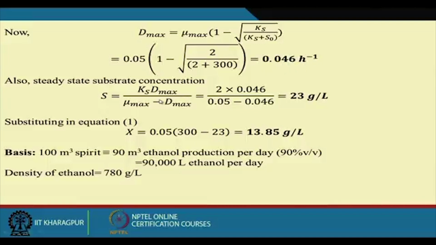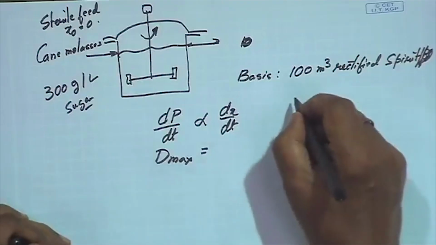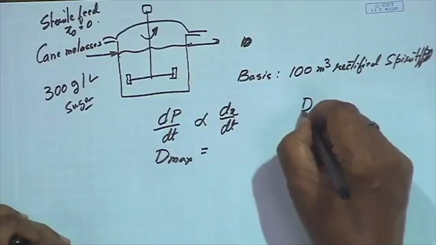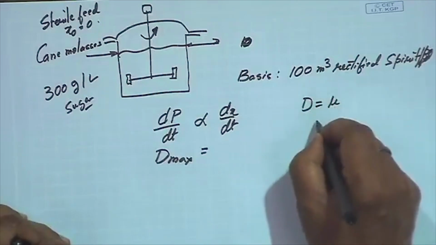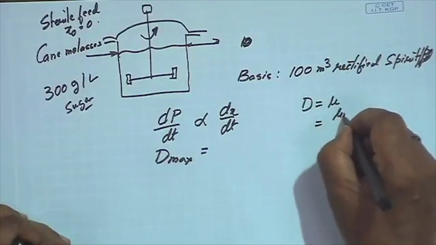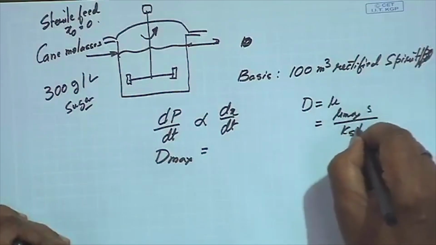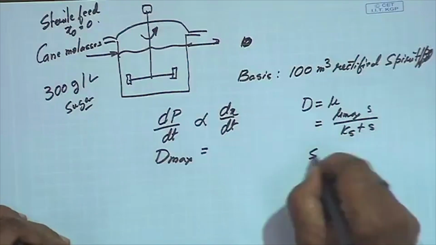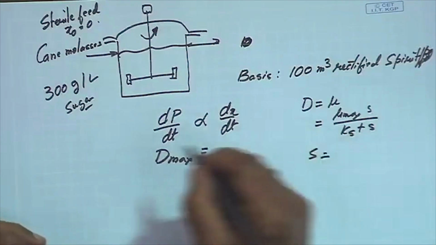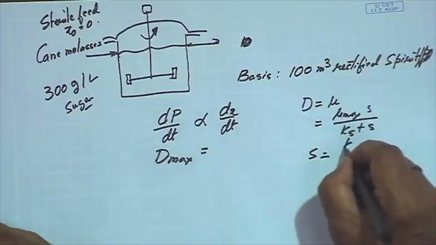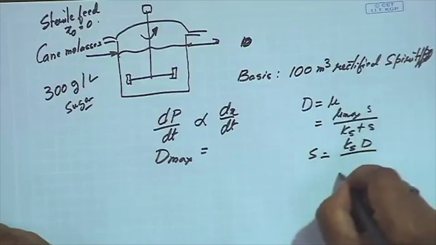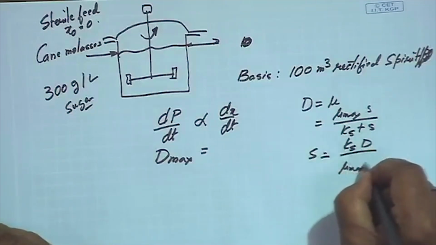Now, under steady state condition and sterile feed, we already found that D equals mu. So, this is equal to mu max S by Ks plus S, and from that we can easily find the value of S. S is coming as Ks D by (mu max minus D).